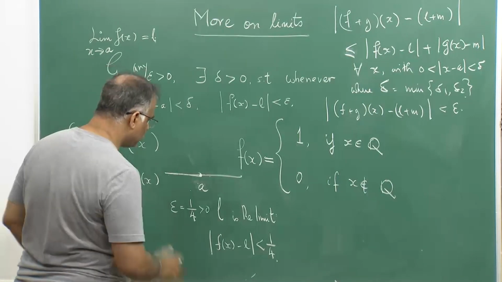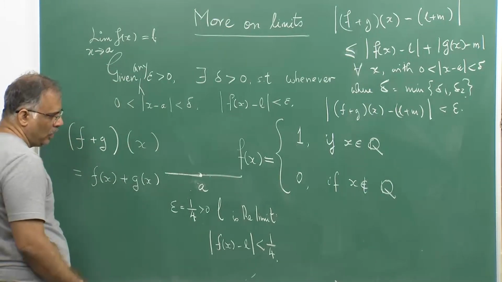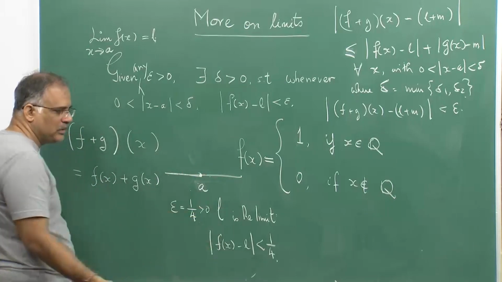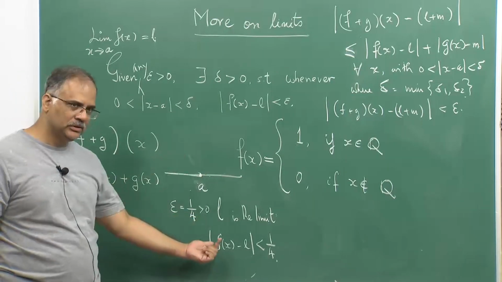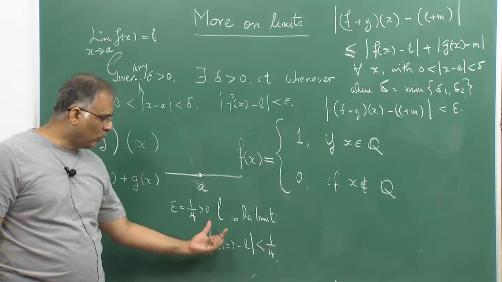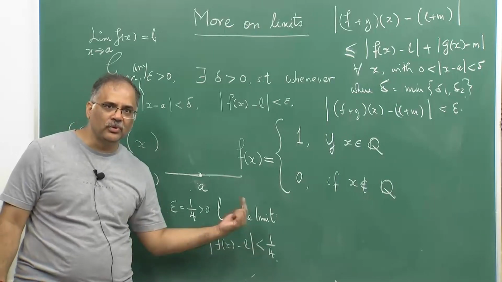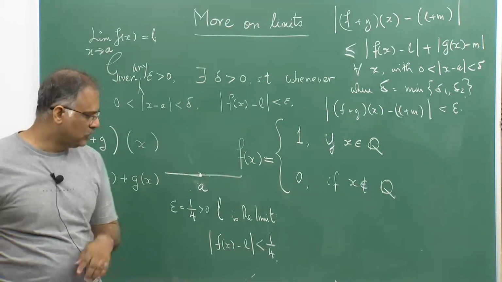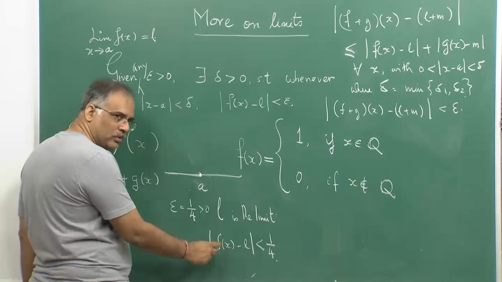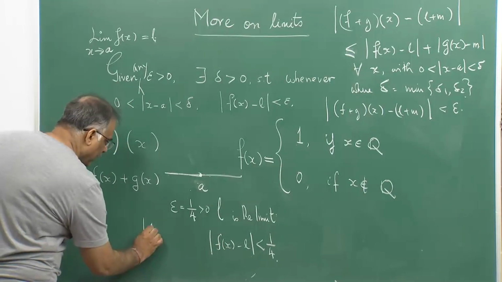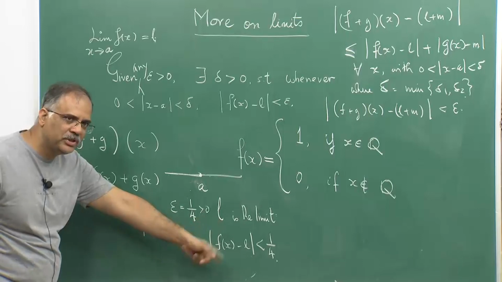However small I make that delta, it does not matter, |f(x) minus L| would be less than 1/4. So for some x it will be 0, because some x's would be irrational.